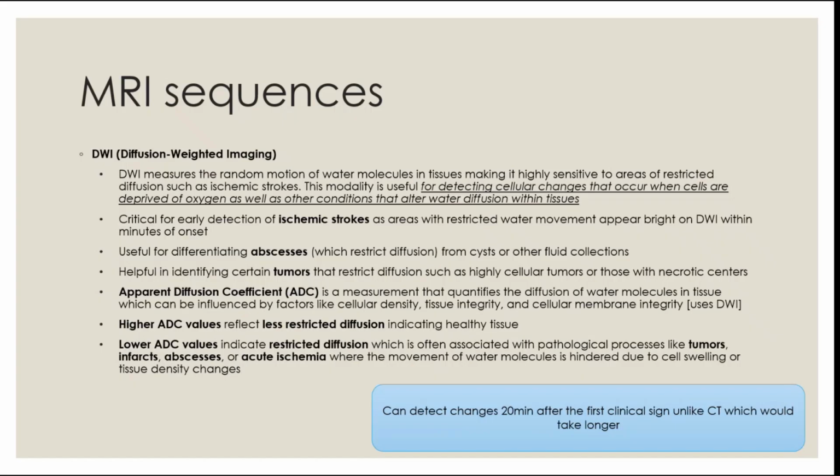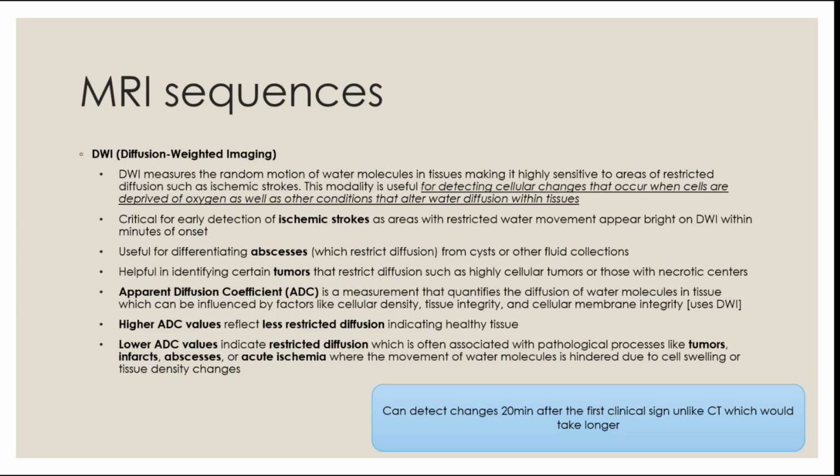There's also diffusion weighted imaging. It relies on the random movement of water. So it tells you about the diffusion of water through the tissue, if there is any restriction, which is usually due to ischemia or ischemic stroke, or sometimes abscesses or tumors that are restricting the water diffusion. So these will be highlighted in diffusion weighted images.